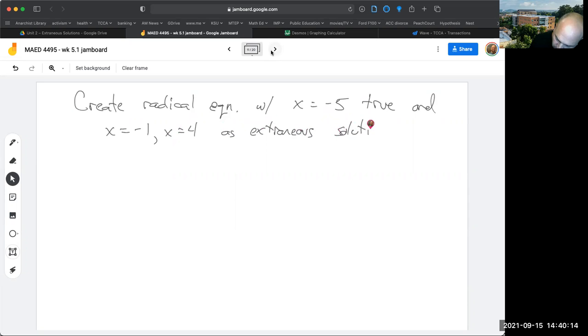So we see that there's three solutions. We know we're going to need a cubic in here of some form. That's the only way we can create this situation.